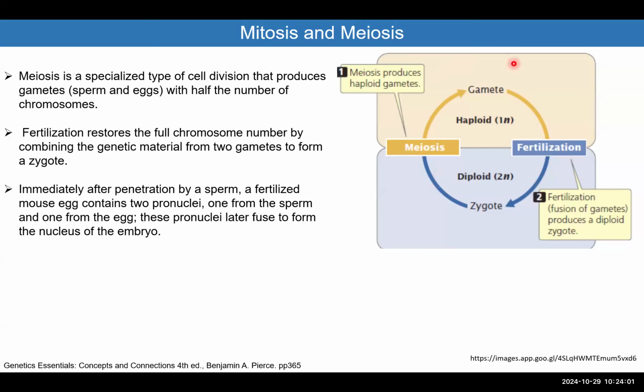And therefore, this is how life continues. You generate 1N, and therefore you need to recompensate for the other 50% of the genetic material, which is the 1N. You can get that by the fertilization process. So fertilization restores the full chromosome number by combining the genetic material from 2 gametes to form a zygote.